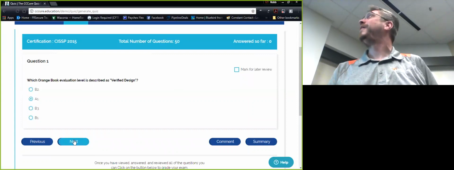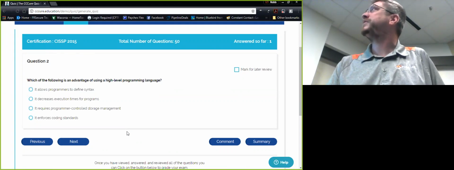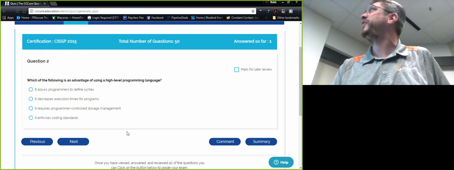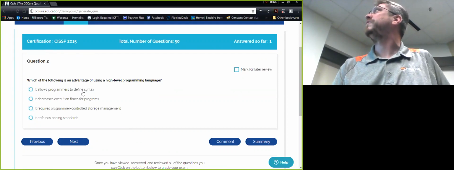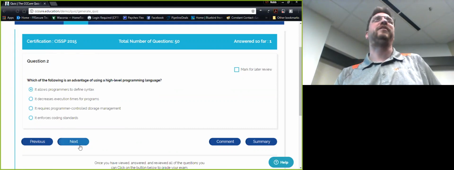Which of the following is an advantage of using a high-level programming language? It allows programmers to define syntax, decreases execution times, requires programmer-controlled storage management, or enforces coding standards. Define syntax, right? It doesn't enforce the coding standard.